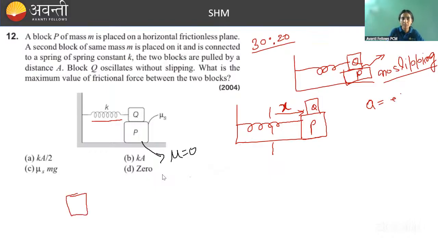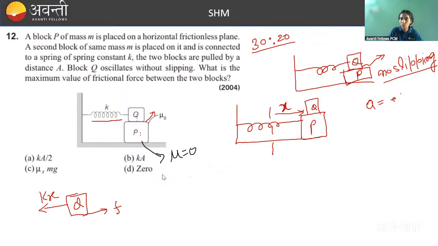If you write the free body diagram of Q, then since this is a stretched spring, Kx will act in this direction. And is there any other force acting? Yes, there is a friction coefficient between Q and P. So friction will operate between Q and P because Q has a tendency to move on the surface of P. We don't know the value of friction, so let's say friction acting on Q is in this direction.